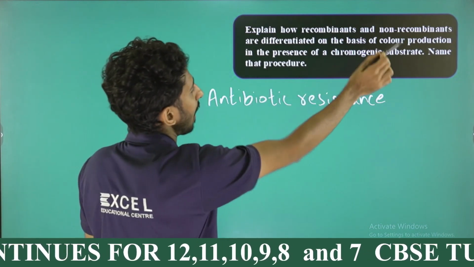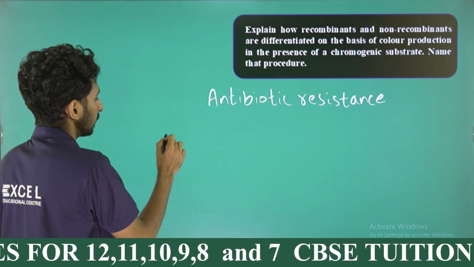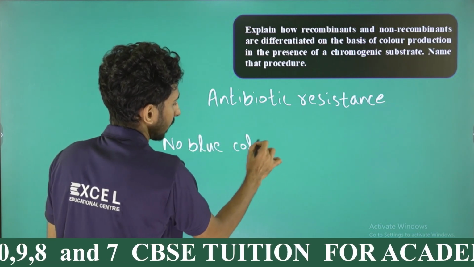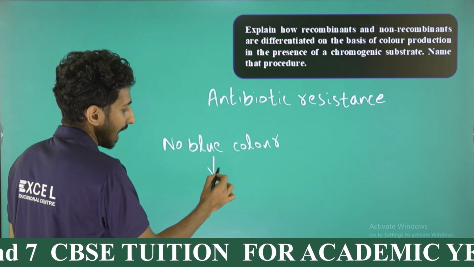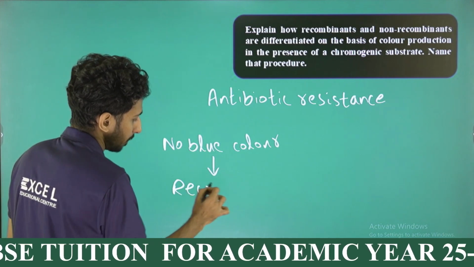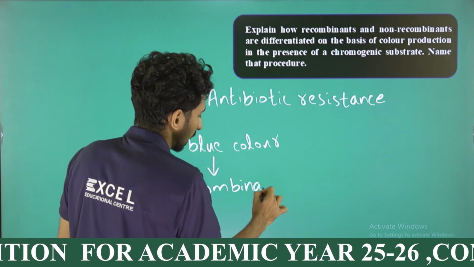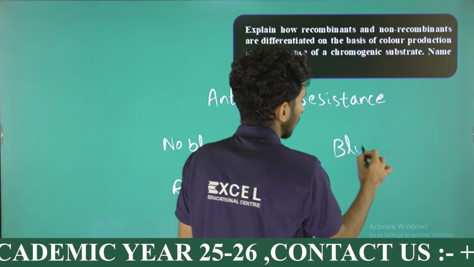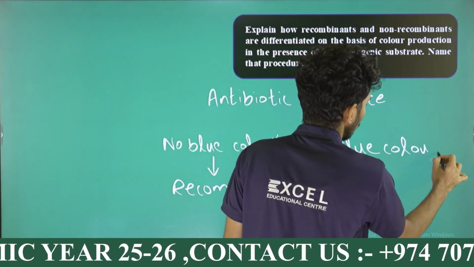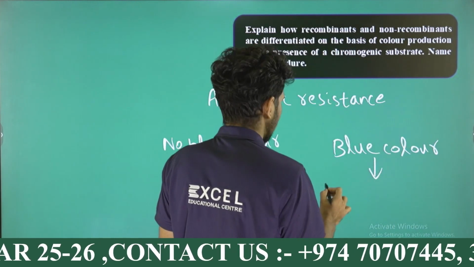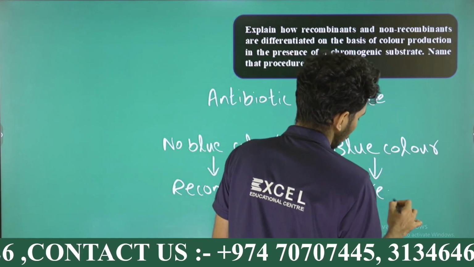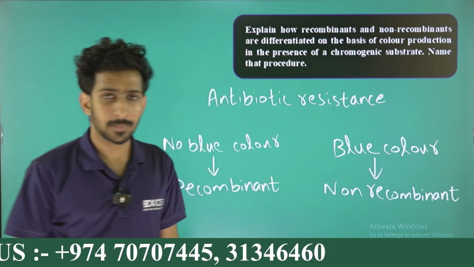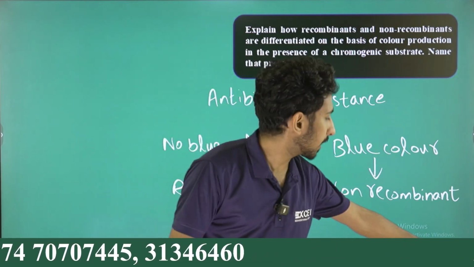And how is it selected? If there is no blue color, it is identified as recombinant. If there is blue color, it is identified as non-recombinant. Got it?